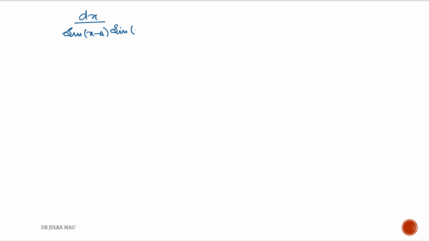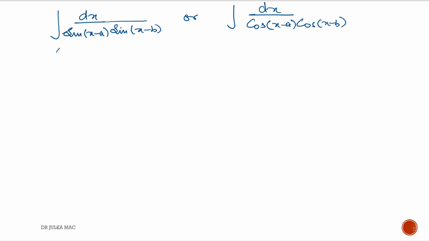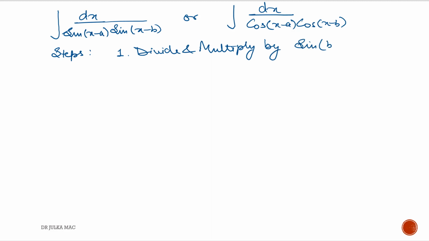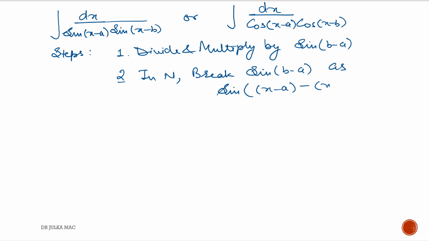Next point. Whenever we have a question dx divided by sin(x minus a) into sin(x minus b), or dx divided by cos(x minus a) cos(x minus b), first divide and multiply by sin(b minus a). In the numerator, break sin(b minus a) as sin of angle (x minus a) minus (x minus b). Then expand and solve.